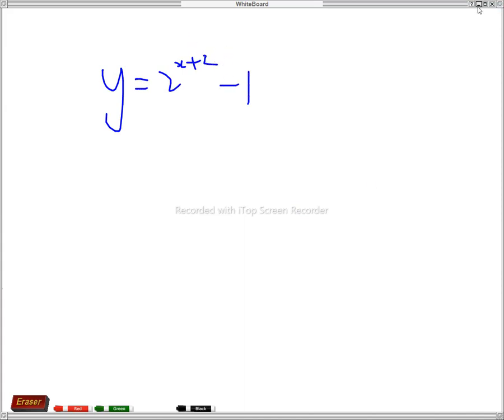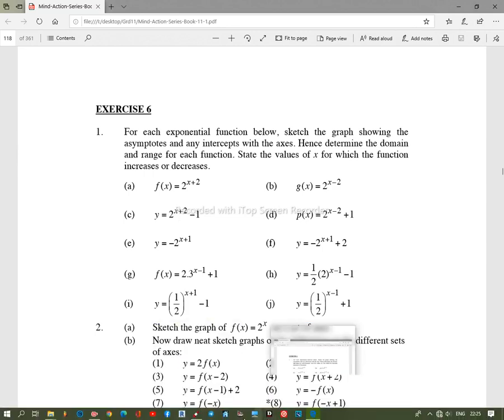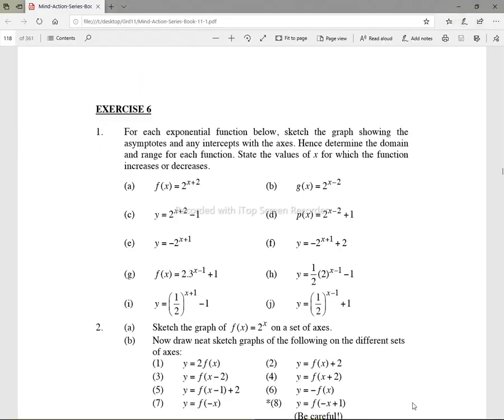Let me confirm. Okay, let's start with our shape. Let's go back to our notes if you did forget.